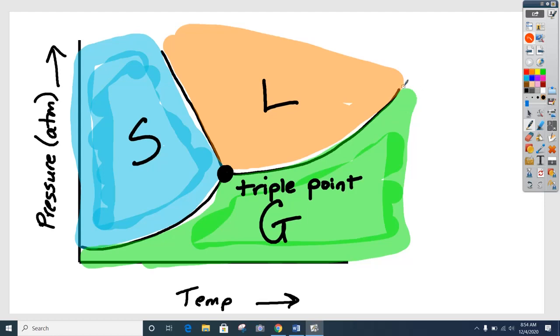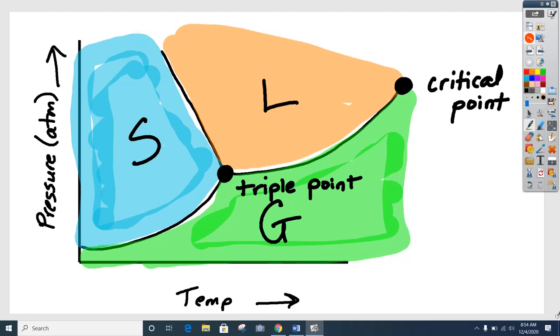And then this point up here on your graph is called the critical point. And the critical point is the pressure and temperature beyond which the substance can only exist as a gas. There is a point at which you can't control whether the substance is going to be a solid or a liquid.